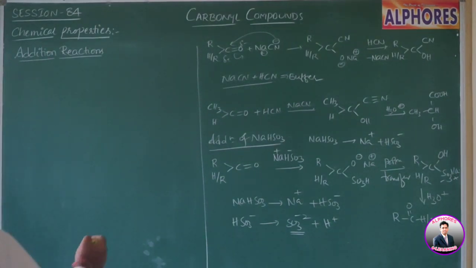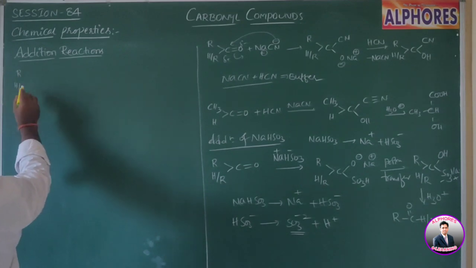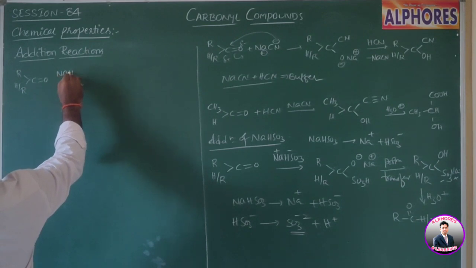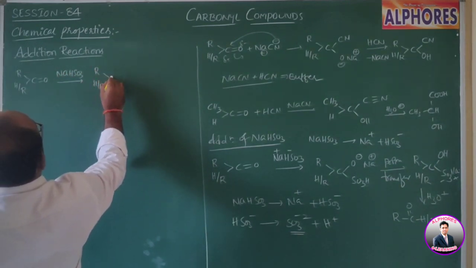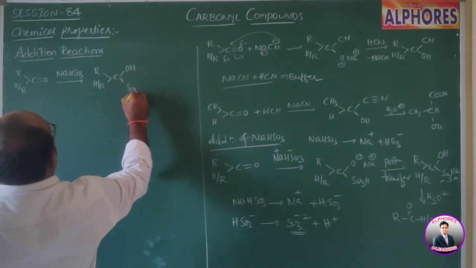After addition of NaHSO3 to carbonyl compounds, we get the product with C(OH) and SO3Na.